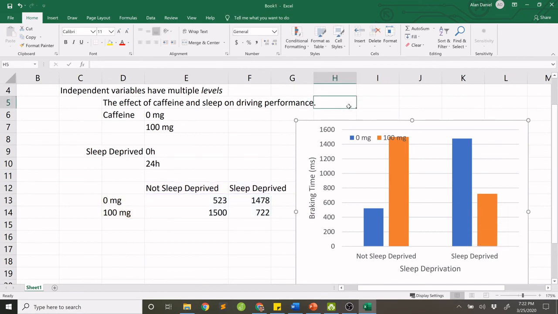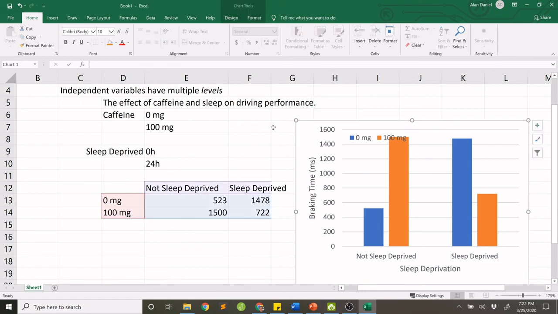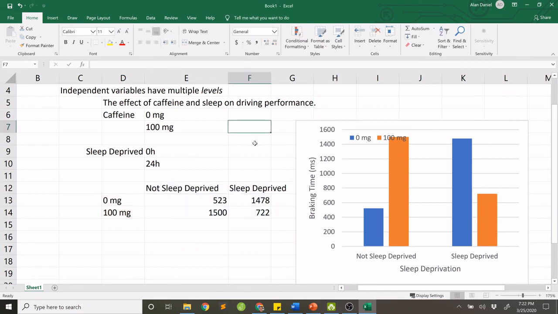A similar idea that might make sense to some of you is basketball players. Maybe you're interested in measuring how good basketball players are, and you want to look at the influence of height and the influence of the position that they play. Well, the taller you are, the better you might be at playing basketball.